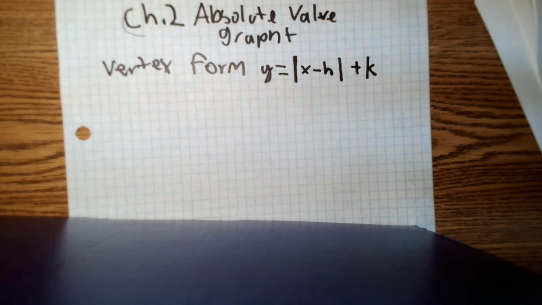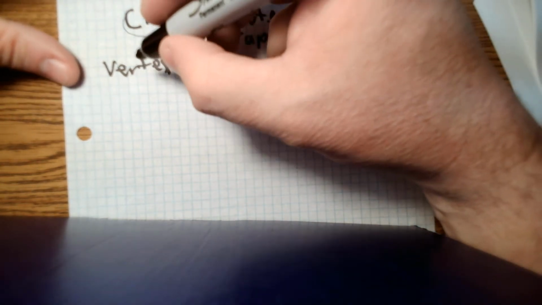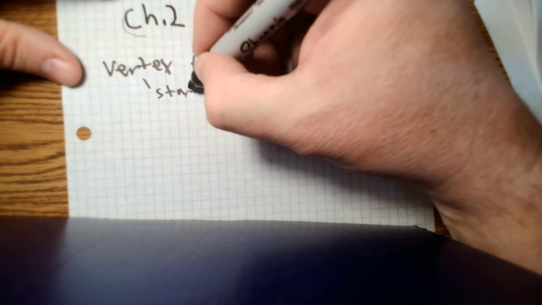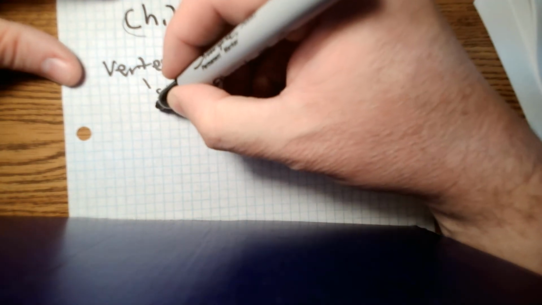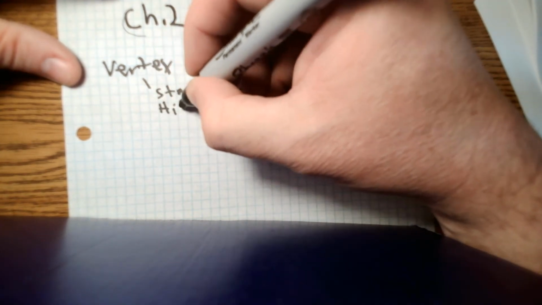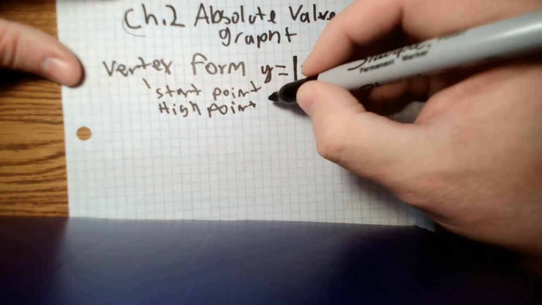Okay? So, vertex, if you don't know what vertex is, this is going to be basically our starting point. And it is either going to be the high point or the low point.